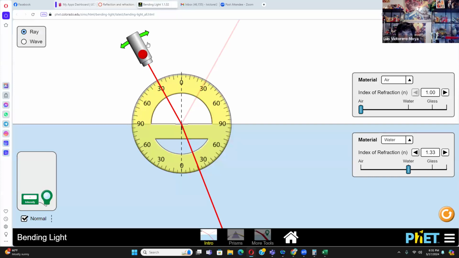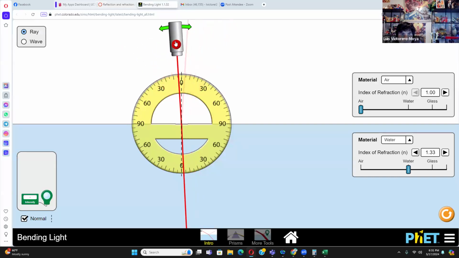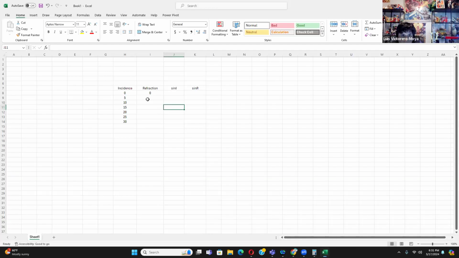again, moving this. So 5 degrees is here. And you can see that the angle of refraction is about 3.5 degrees. 10 degrees, and you're getting about 7 degrees. So let's start writing the data, right? 0 is 0, sine of 0 there. So for 5, we go 3.5. For 10, we go 7.